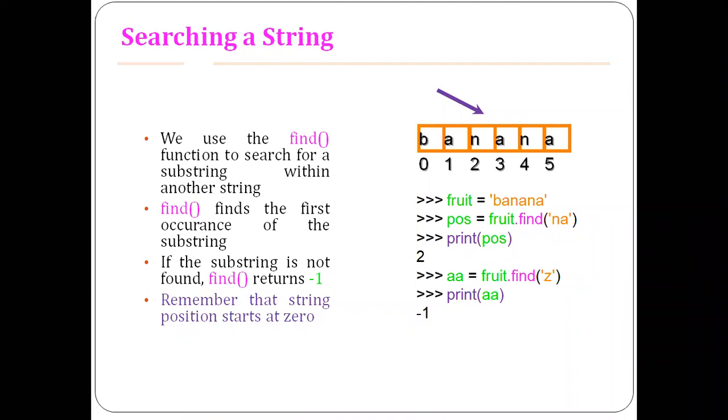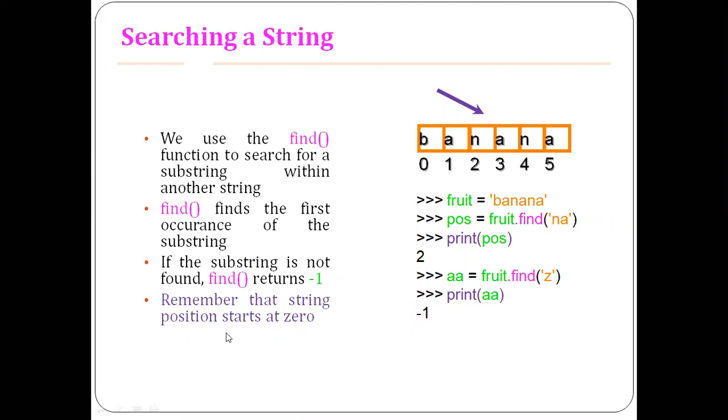The find function finds the first occurrence of the substring. If there are multiple occurrences, the others won't be searched. Only the first occurrence of the substring will be located within the string, and the position of that occurrence will be returned. And if the substring is not found, the find function returns -1, indicating that you have not located the substring in the given string.